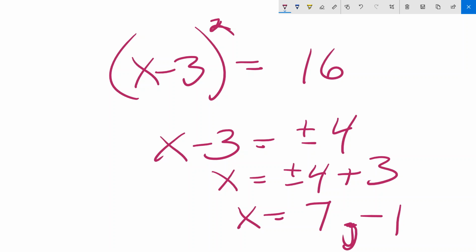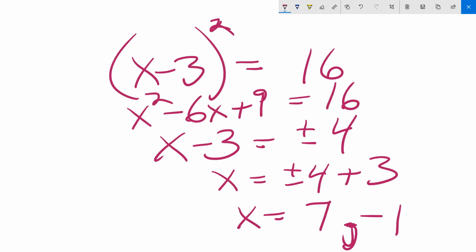Unfortunately, you'd get a quadratic like that, and that just makes it harder to solve. So the easiest way is to take the square root of both sides. That's one of the exceptions to my denominators and parentheses. But usually if you stick with that rule, you can't go wrong most of the time.